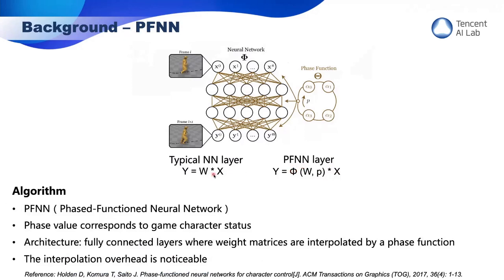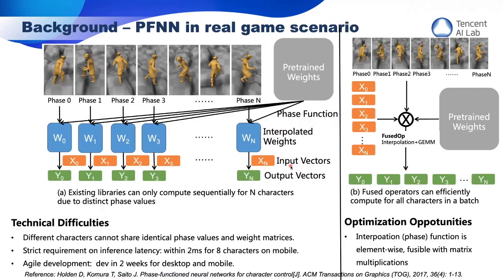Okay, so this is a very special case. Compared with typical neural network layers, where the weight matrix is static, for PFNN the weight matrices are dynamic. The problem arises when there are multiple characters in the game scene.